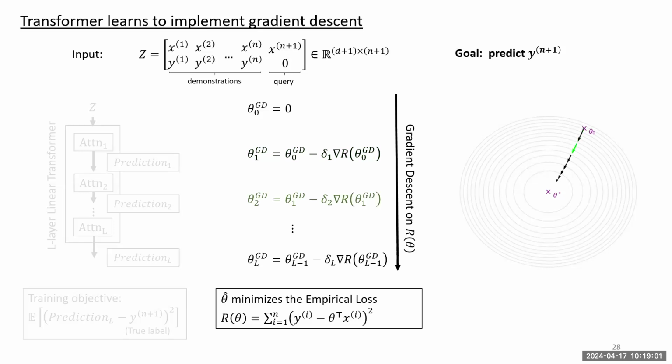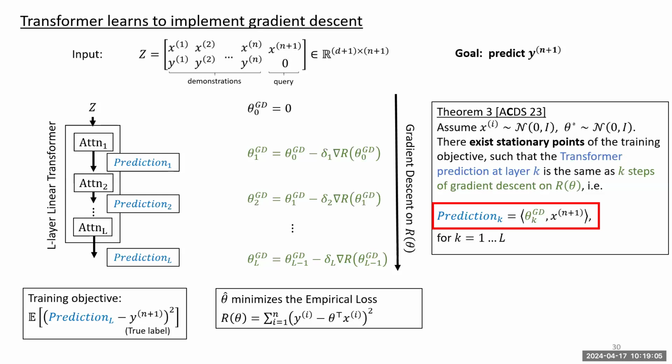So we run many steps of gradient descent, and eventually we'll converge close to the empirical minimizer. And so what we show in our paper is that there exist stationary points of the training objective such that the transformer's prediction at every layer, which is the blue prediction subscript i, is exactly the same as if you made a prediction using that many steps of gradient descent on theta.